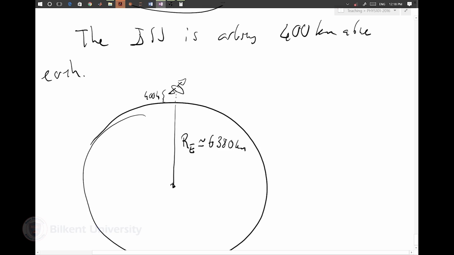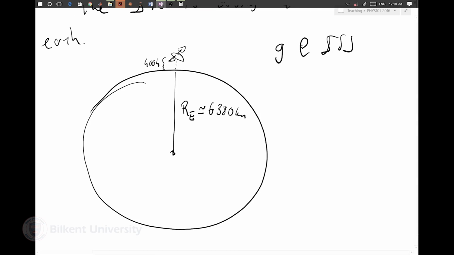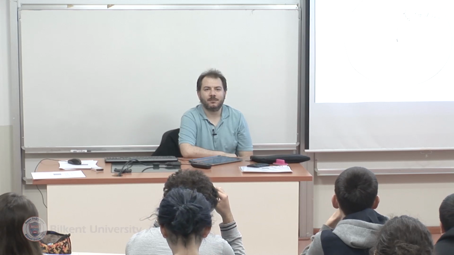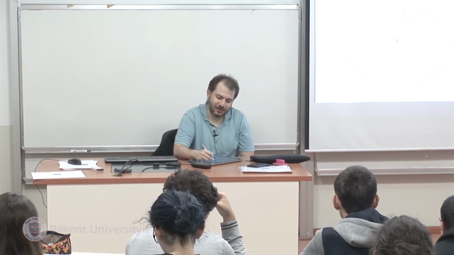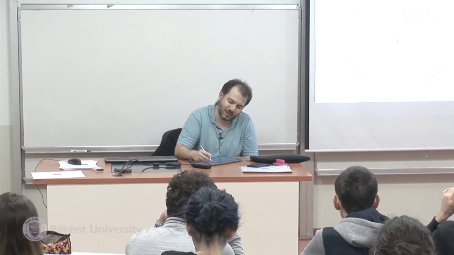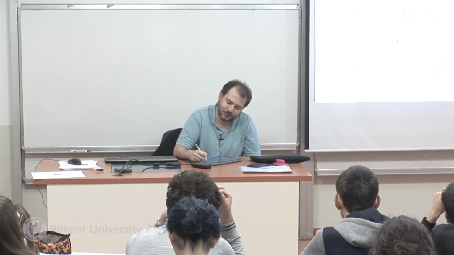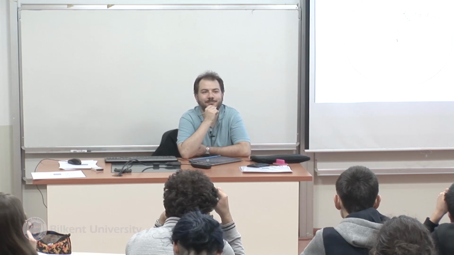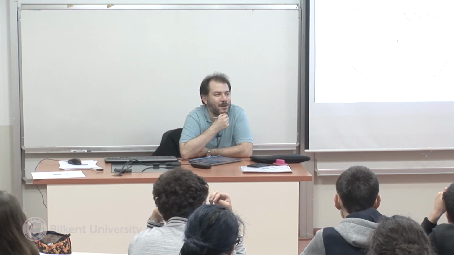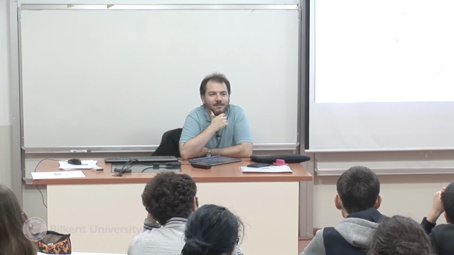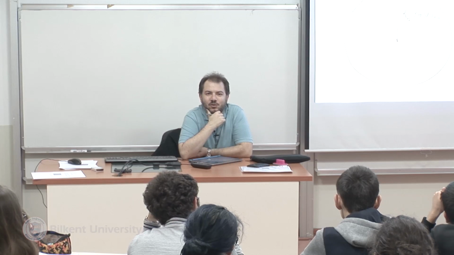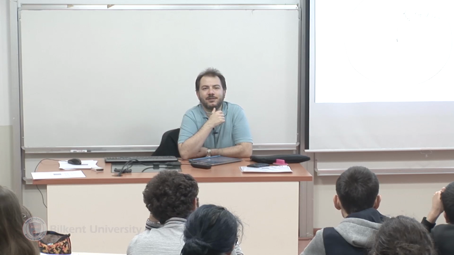So what's the gravitational g at the ISS? Maybe g is not equal to 9.82, but it's certainly somewhere around 9.5 meters per second squared. So they are not that far apart. How come the astronauts feel no weight inside the station?